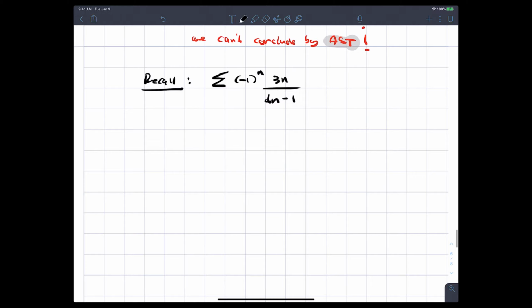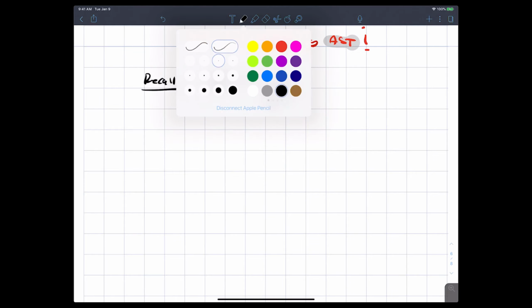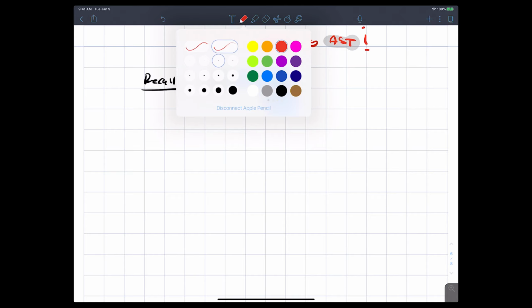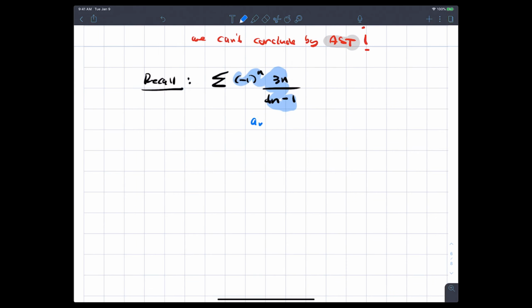And so what I'm going to do now is I'm going to look at all of this here, since remember, this whole thing is an. Let's change the color. This whole thing, we're going to think of as an.